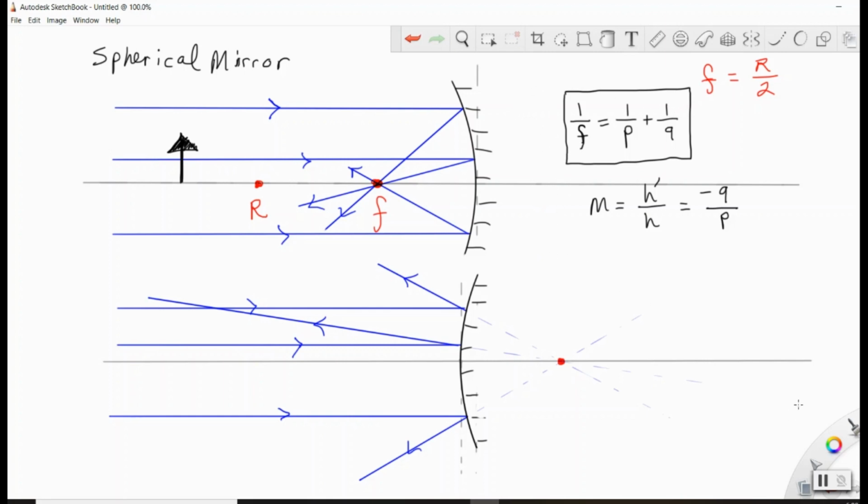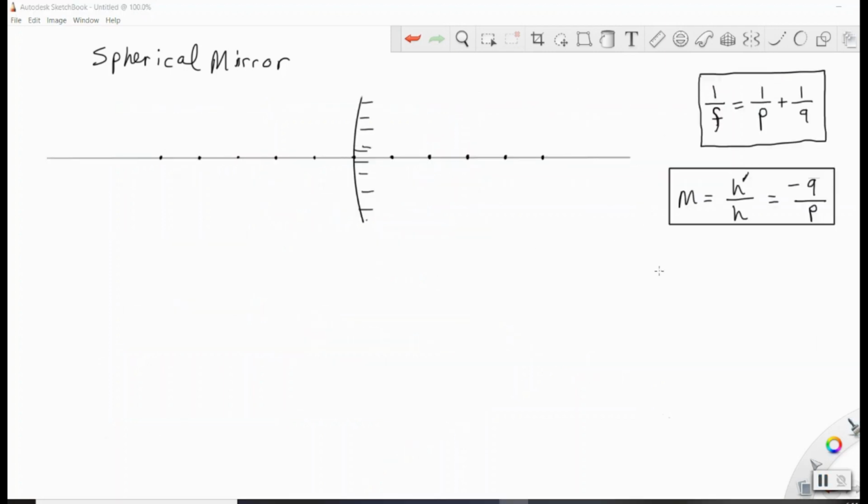Okay, let's look at an example. Let's take the case where we have a focal length that's a little bit farther out there. Each of these dots is going to be 10 centimeters, and we're going to have a focal length with a magnitude of 30 centimeters, so 3 dots out.